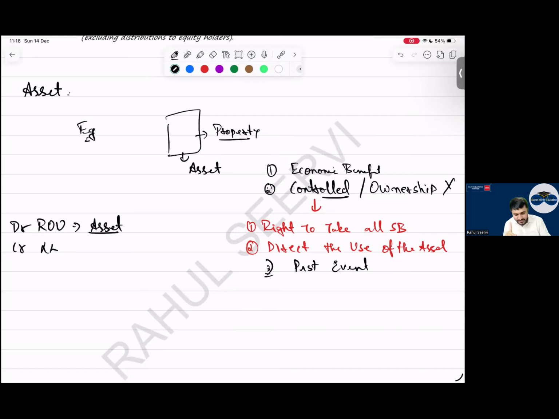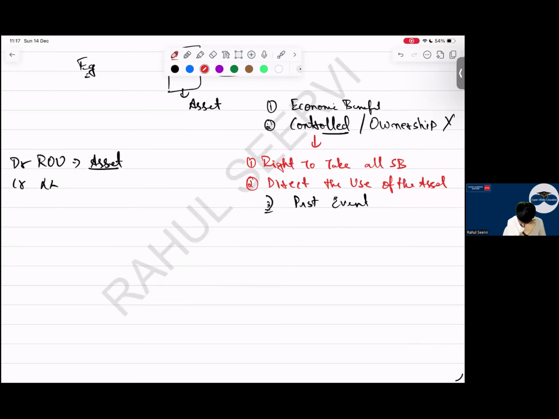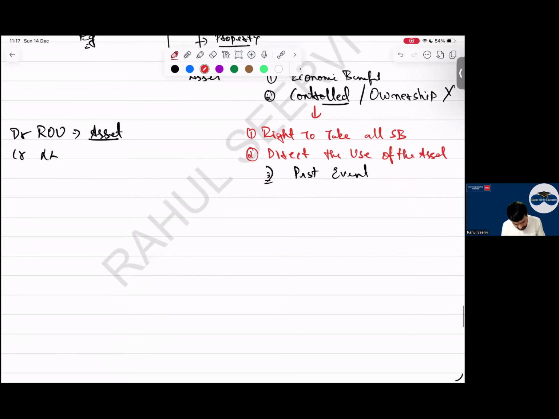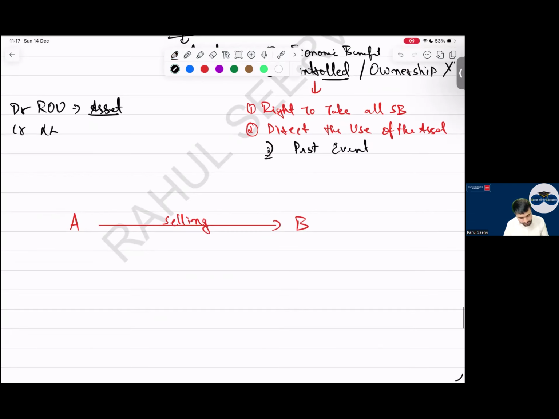Now coming to the part which students will confuse when compared to your old conceptual framework and new conceptual framework. Understand that? Yes? I say this is A, this is B. A is selling goods to B. Now, A has what? Trade receivable from B company, and B has trade payable.